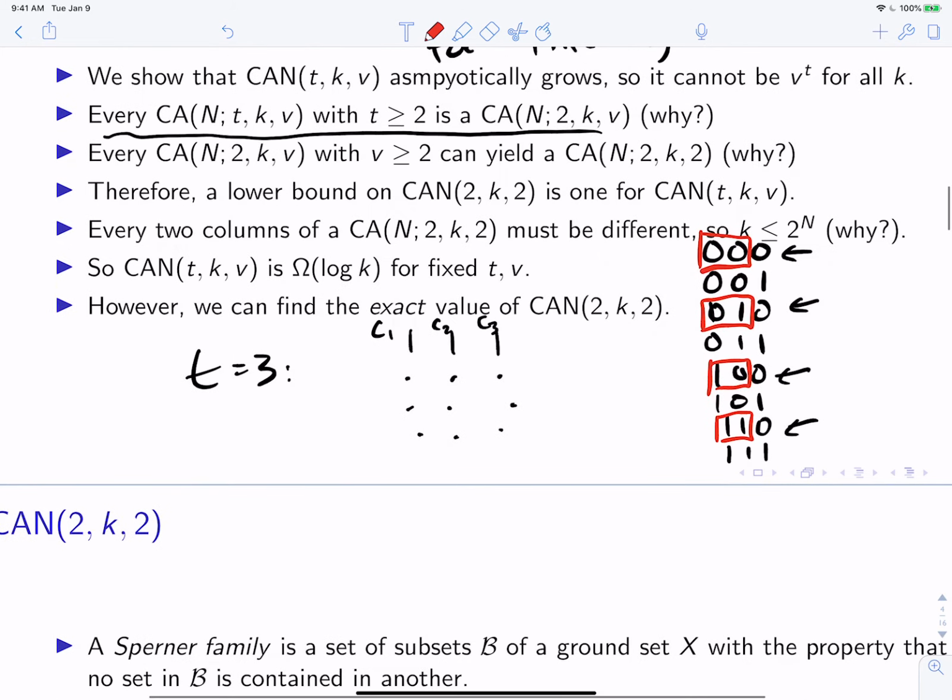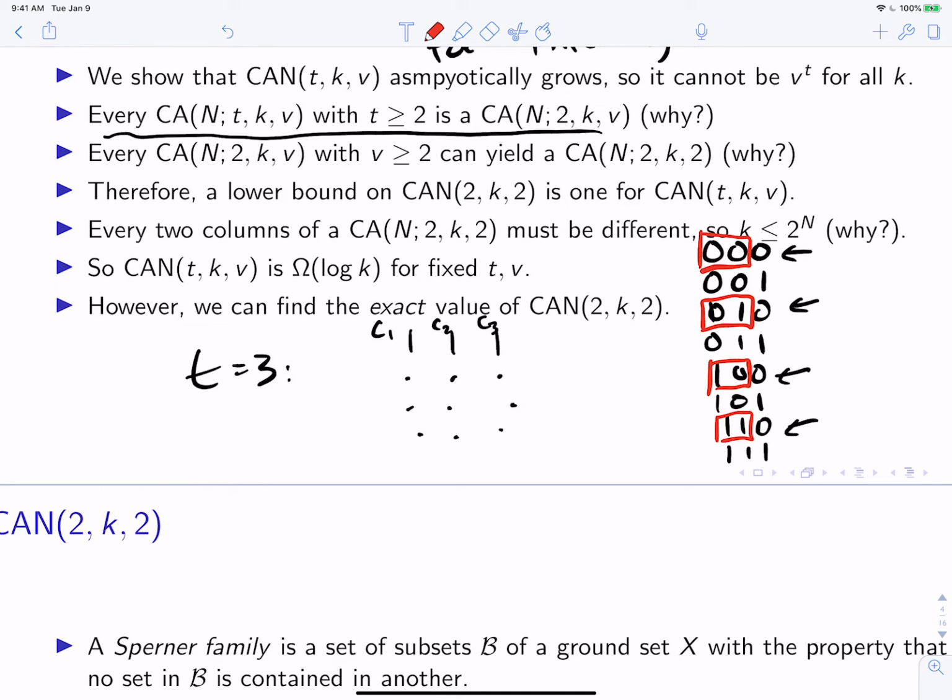Here's why we can assume this. Take any t-way interaction, or any t columns, and pick any 2 of them. Among the other t minus 2 columns, all interactions have to appear because the original array was a covering array.